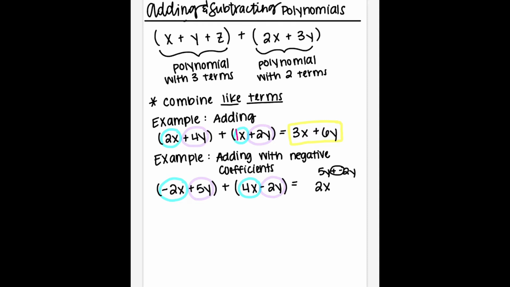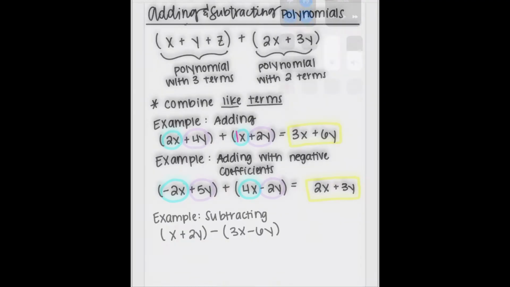Anytime you're adding a negative, this is essentially 5y minus 2y, which is positive 3y. So our final answer here is 2x plus 3y. We cannot combine these terms because they have different variables, which means they are not like terms.